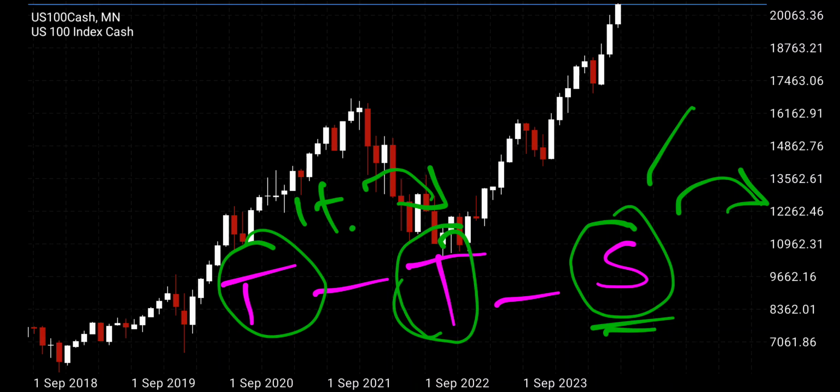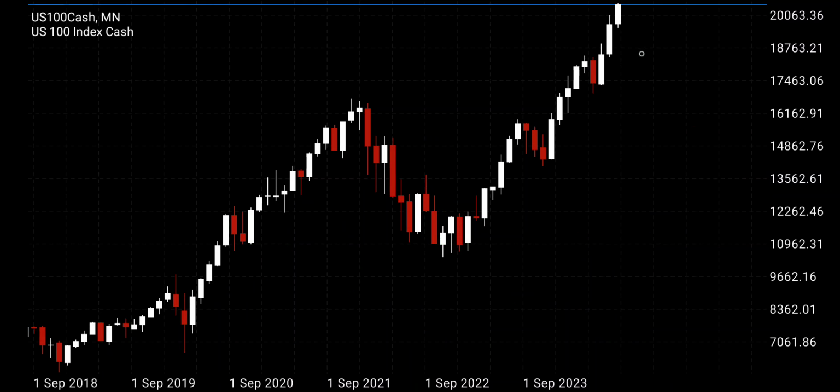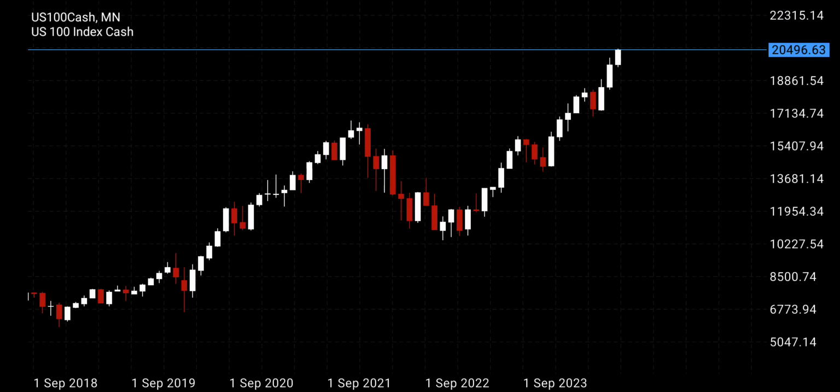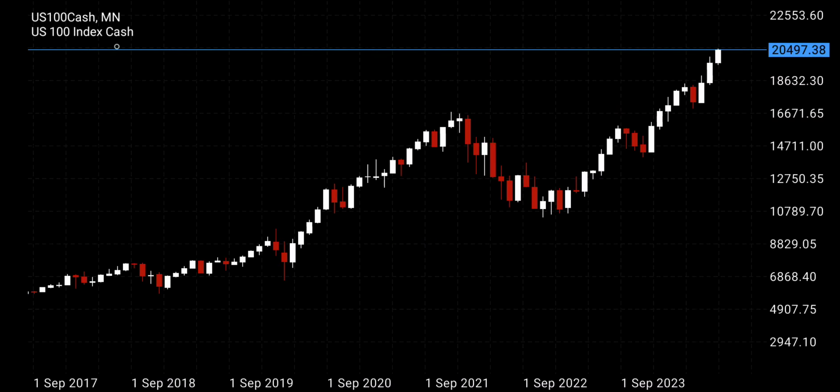So for now, let's do Nasdaq and see what we can find on this one. Like I said, we're going to start with the highest time frame. This is how the structure looks on monthly. Even if you scroll all the way back, you'll find there's no information at this level.